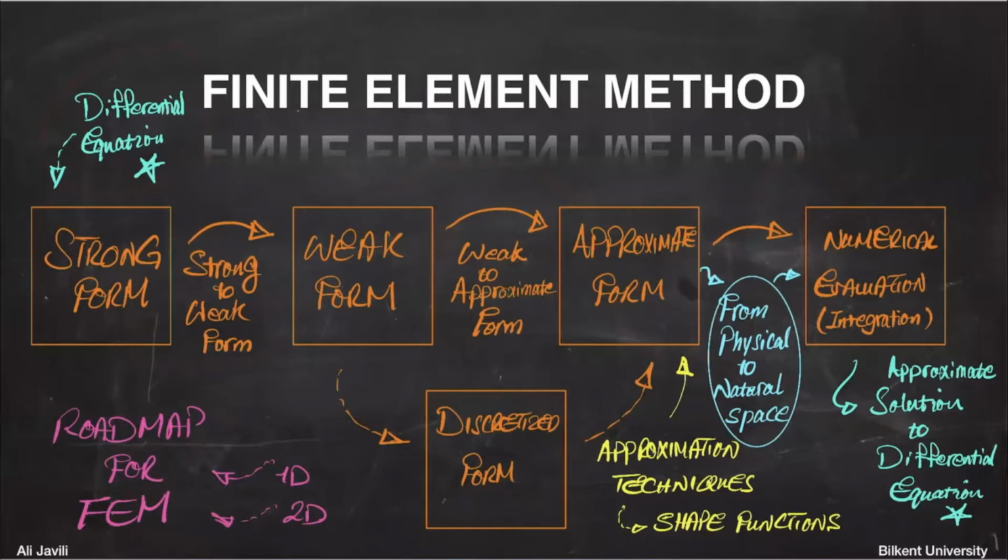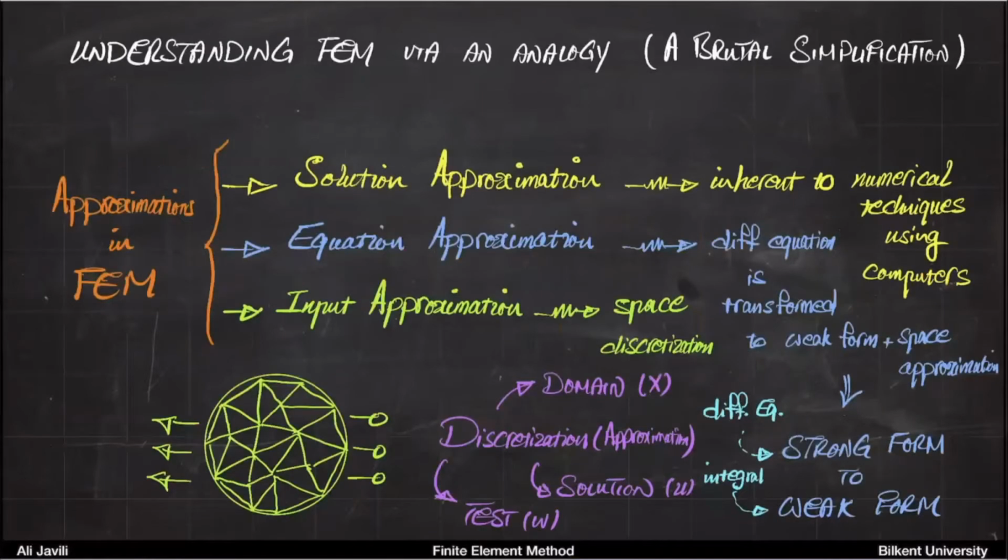As I mentioned before, this roadmap is valid for one-dimensional FEM as well as two-dimensional FEM, as well as three-dimensional FEM, but we are not talking about three-dimensional finite element method here, but the roadmap stays exactly the same. So what we want to do is basically going through these stations again, or these milestones together in a two-dimensional setting. Again, this slide, the basics of the finite element method and the sources of the errors are exactly the same thing as we discussed before.